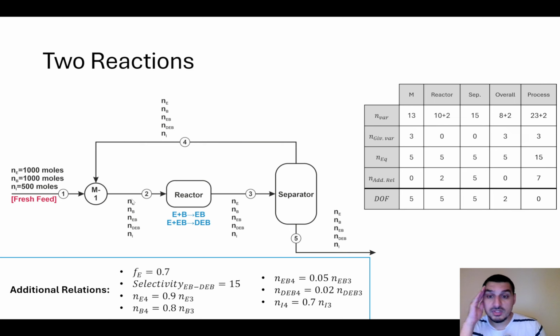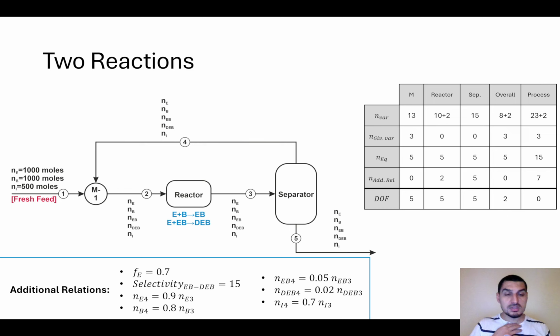The number of equations is the summation of the equations of the 3 units, so it's 5 plus 5 plus 5, this is 15, and the number of additional relations is 7. These are all the additional relations we have. So if you calculate this process degrees of freedom, it's 0, which means, again, this is something that I stress every time, that the process is 0 means that we cannot assume any information. So we have to deal with the given information that we have here.